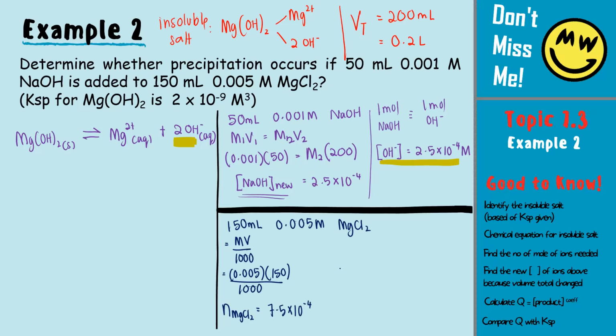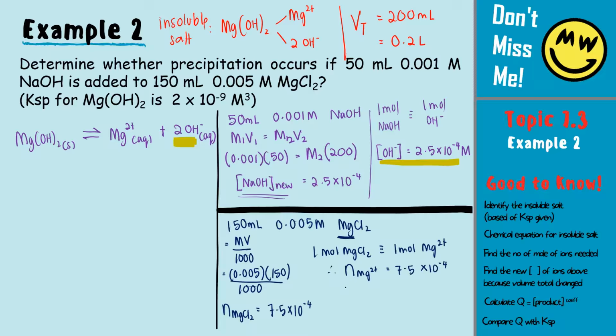Bear that in mind, we are not looking for the MgCl, we are looking for the Mg. Therefore, 1 mole of your MgCl2 will actually produce 1 mole of your magnesium 2+. It's again a 1-to-1 ratio. Therefore, number of mole of your Mg2+ will then equals to 7.5 times 10 to the power of negative 4.